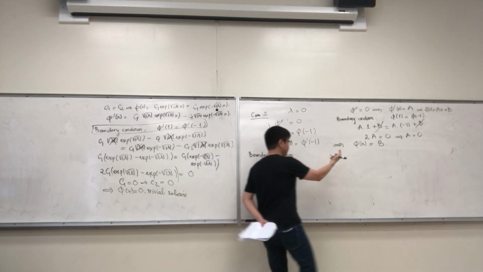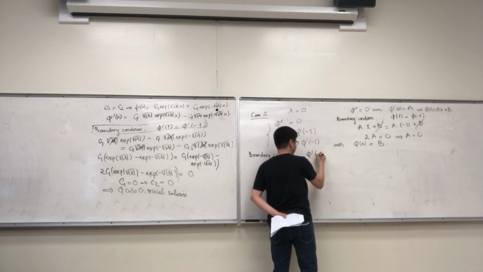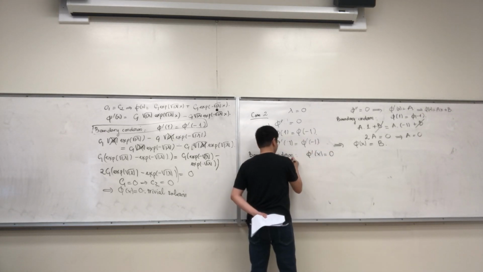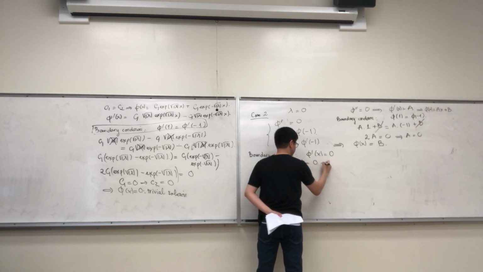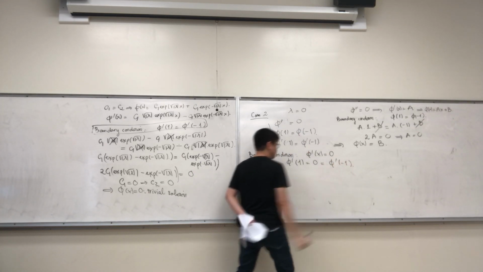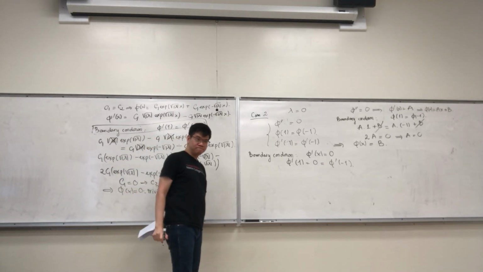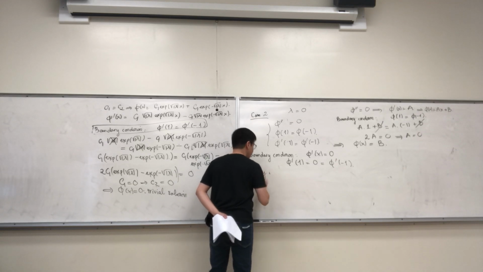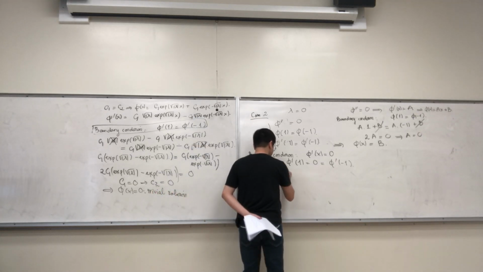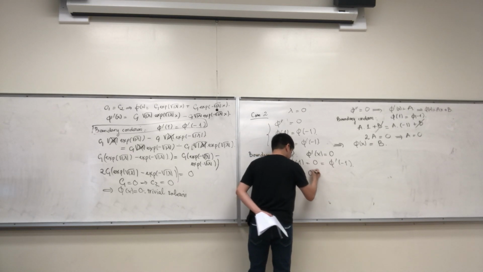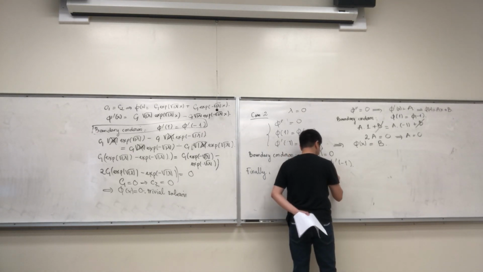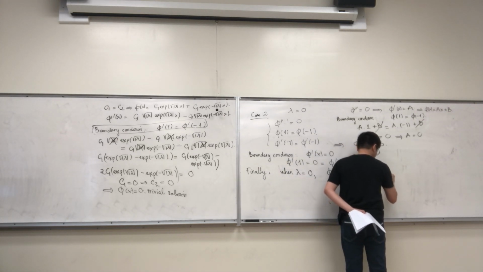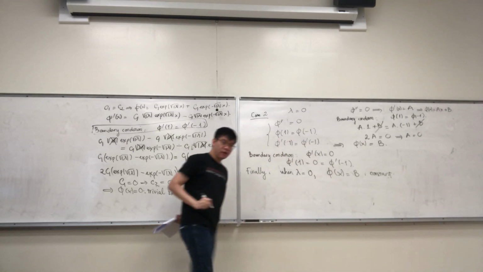Right? So phi of x is b means that phi prime of x is always 0. So phi prime of 1 is going to be 0, and this is going to be phi prime at minus 1. All right? So finally, when lambda is 0, phi is b, and this is a constant, right?